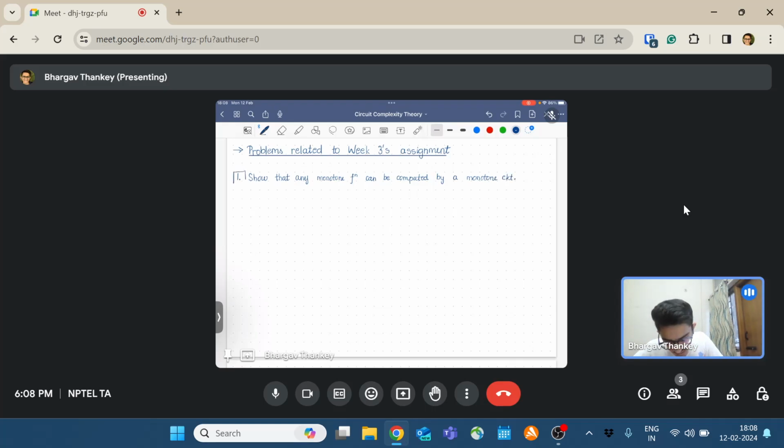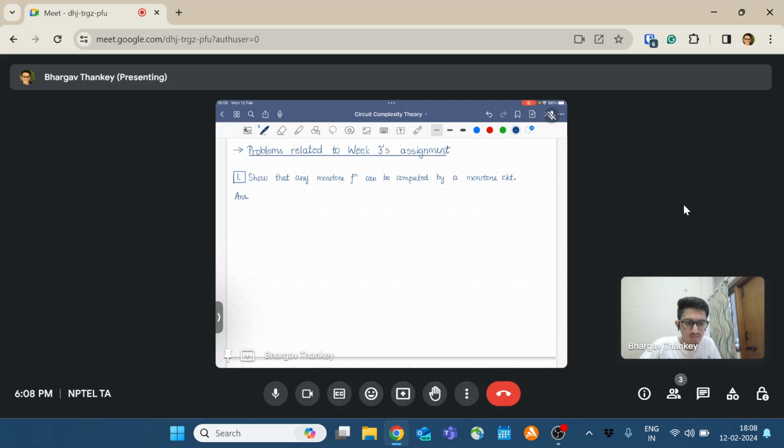We want to show that any monotone function can be computed by a monotone circuit, and a circuit is said to be monotone if it only contains AND and OR gates. So would you like to suggest how we can go about doing this?